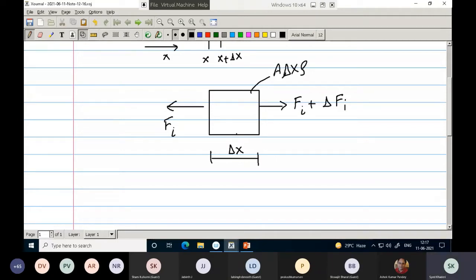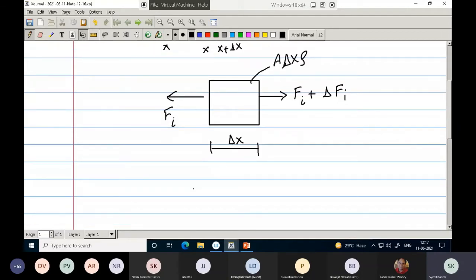Now we apply force balance: the change of force will lead to the acceleration. So the change in internal force, delta F internal, will equal the mass, which is area times delta x times density, times the acceleration of this segment.